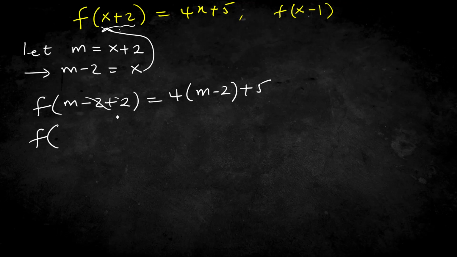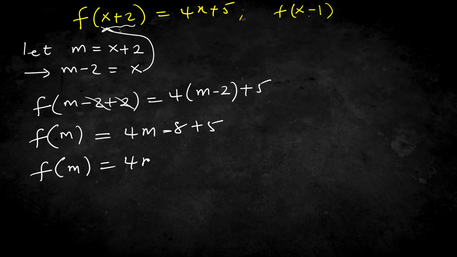So this one will cancel this. I will be left with f of m equals 4m minus 8 plus 5. So f of m equals 4m minus 3.